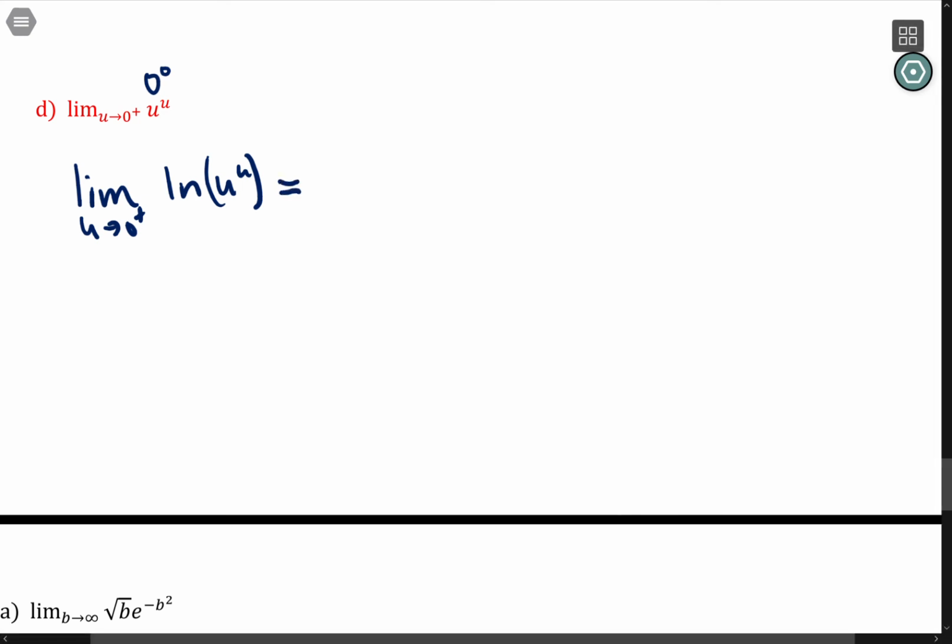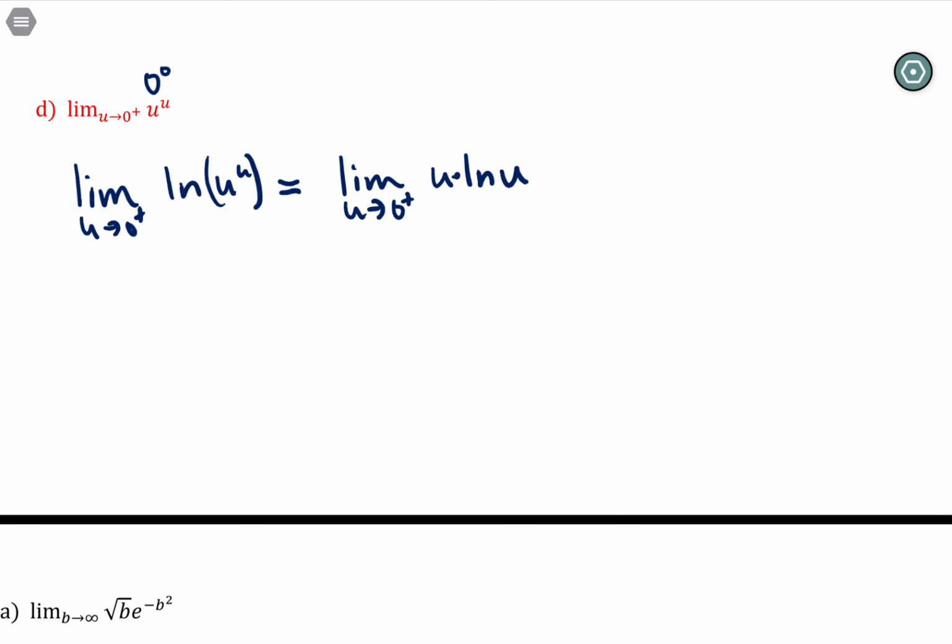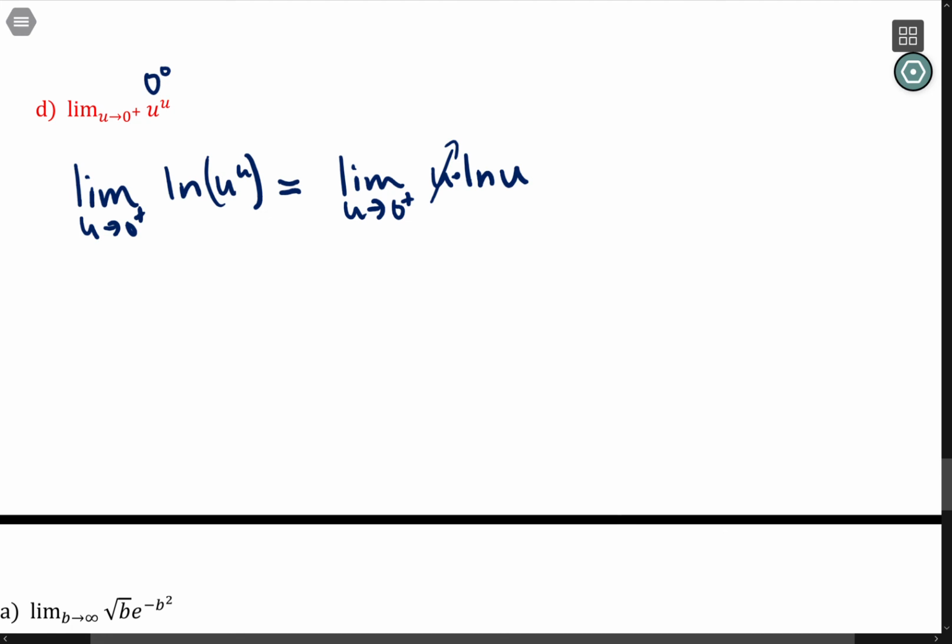And the reason this is helpful is because logs have a really nice property where you bring the power down and now we have a product. So we had the natural log of 0 to the 0. Now we have our 0 times negative infinity that we had before.